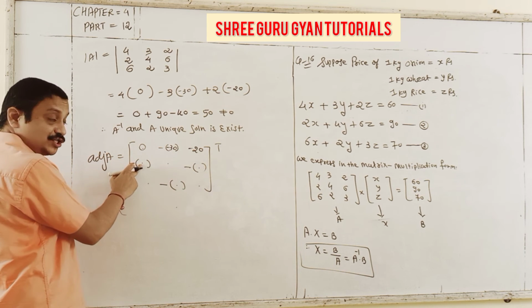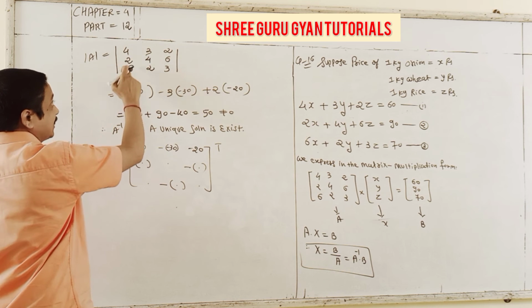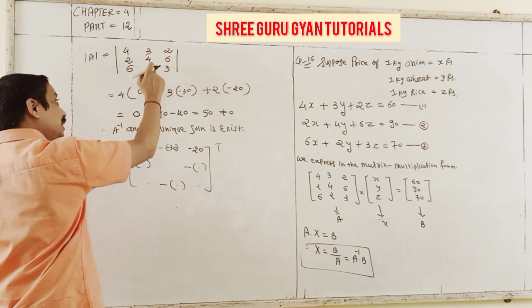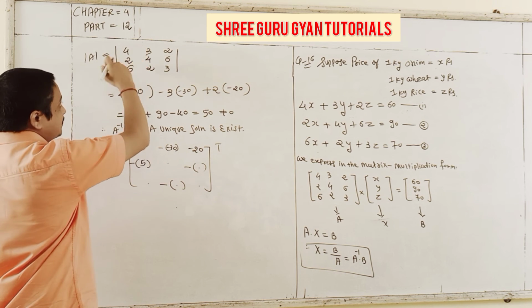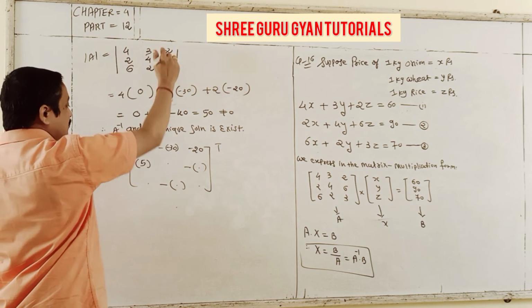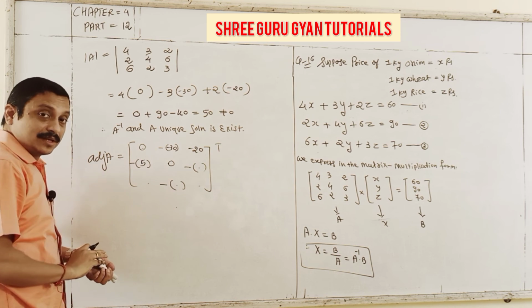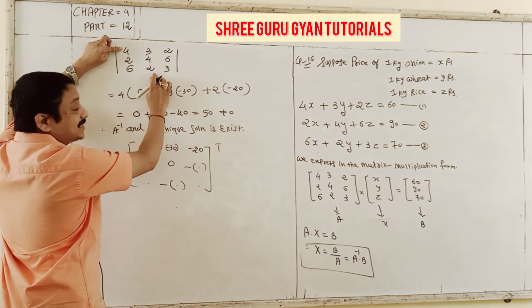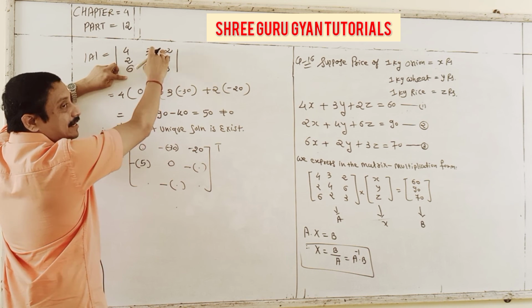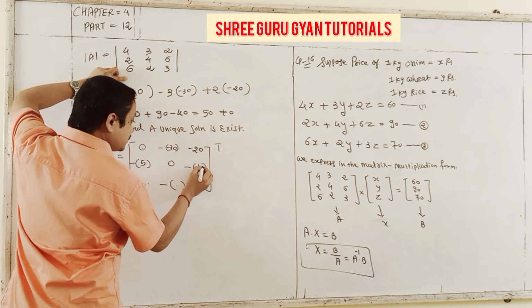Now for the next positions: 3 times 3 is 9, 9 minus 4, it is 5. Next, 4 times 3 is 12, 12 minus 12, 0. And last, 4 times 2 is 8, 8 minus 18, which is minus 10.